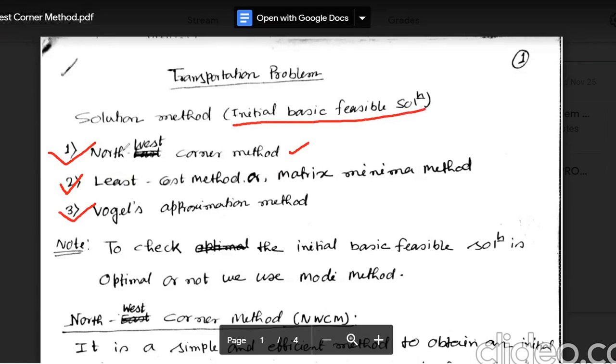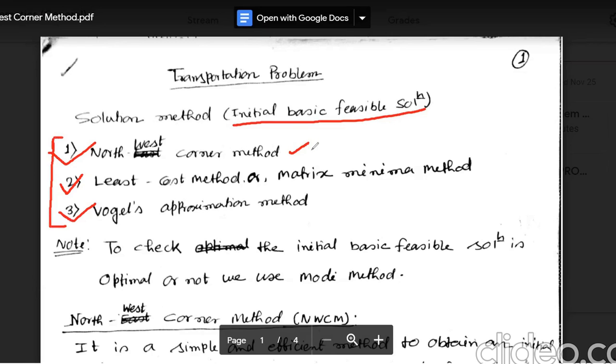When you find the initial basic feasible solution of the same problem by the three different methods, you will get some differences. Every method will give us a different answer.